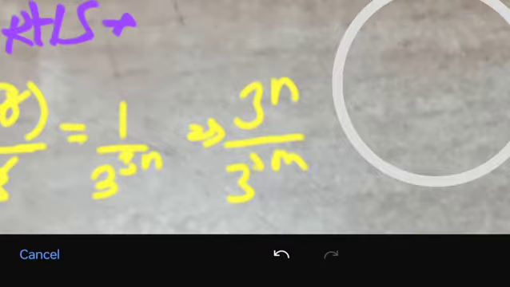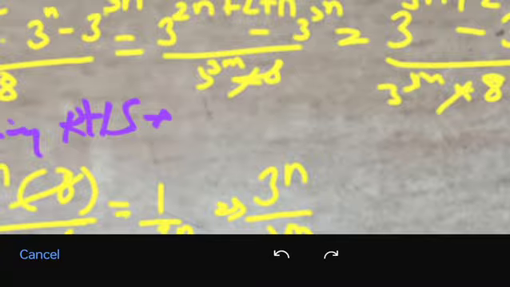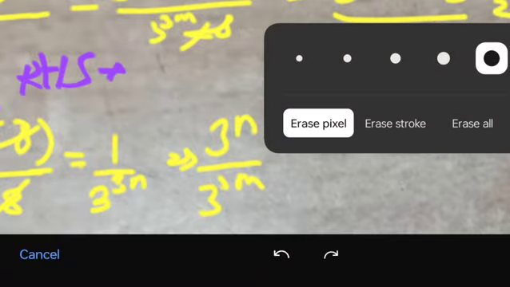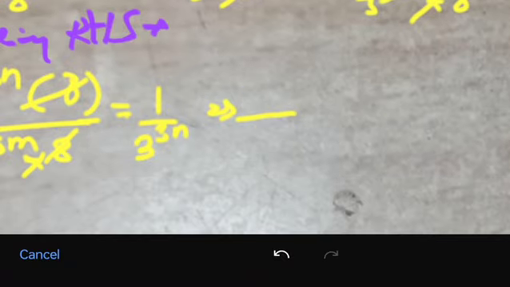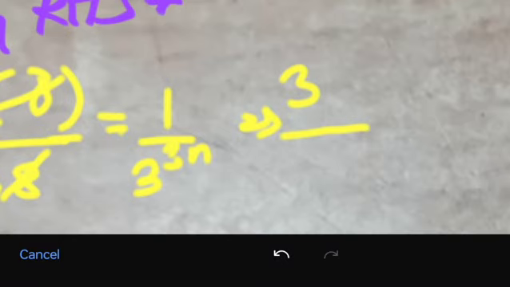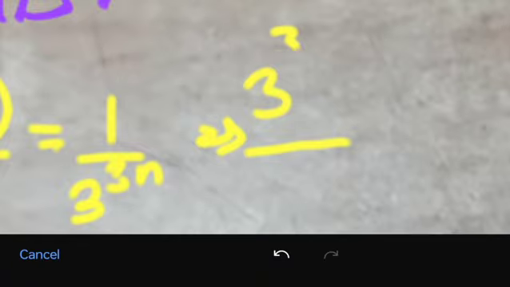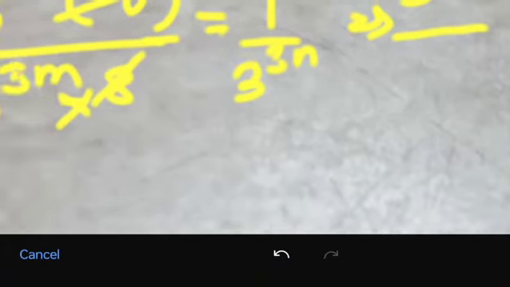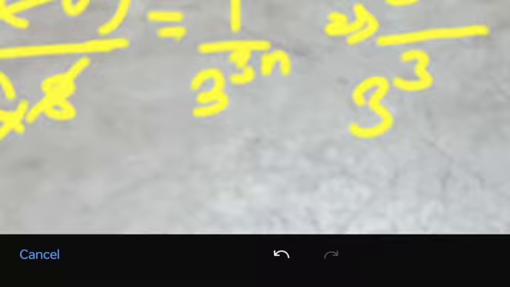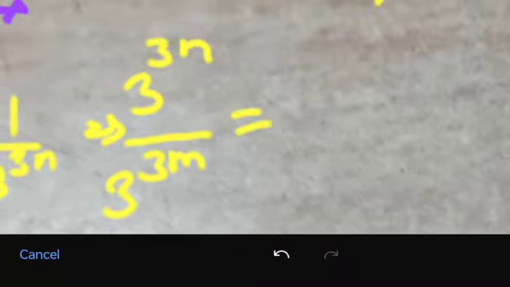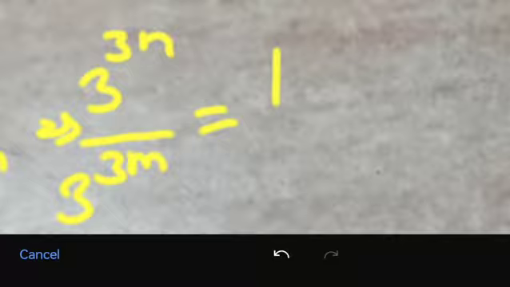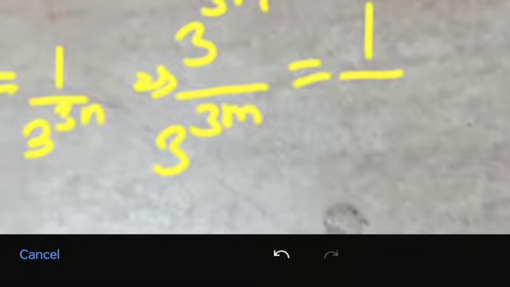My bad. Should I use this stroke one? Yes. Now we are good to go. So this is 3 raised to power 3n, and it is 3 raised to power 3m. It is equal to 1 by 3 raised to the power 3n.